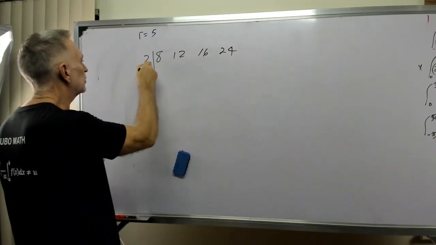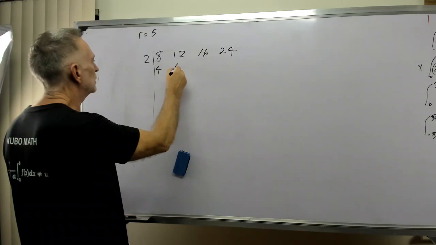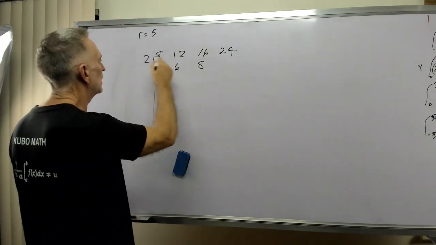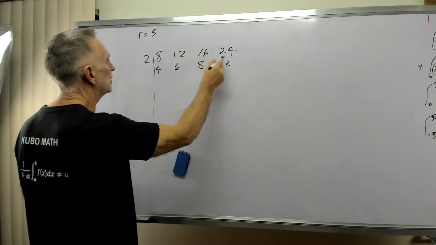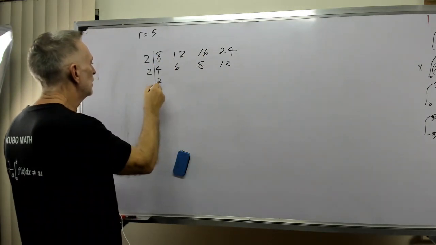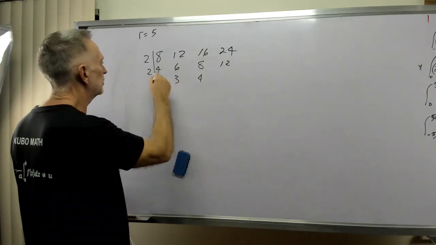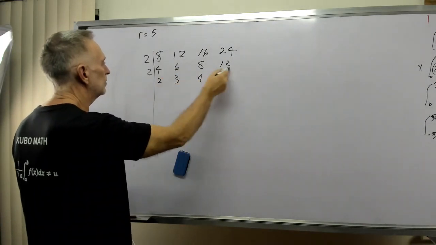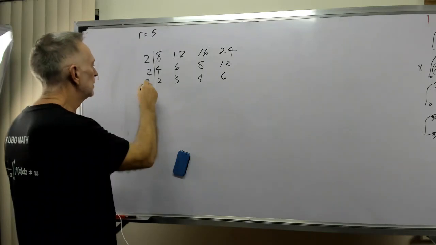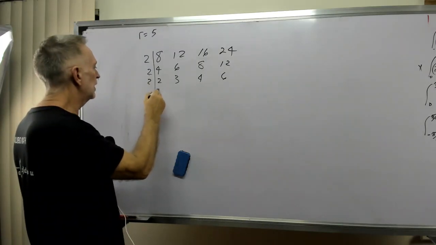Well, let's pick a 2 here. 4 times 2 is 8. 6 times 2 is 12. 8 times 2 is 16. 12 times 2 is 24. Let's do 2 again. 2 times 2 is 4. 3 times 2 is 6. 4 times 2 is 8. 6 times 2 is 12. Let's do 2 again. 2 divided by 2 is 1.